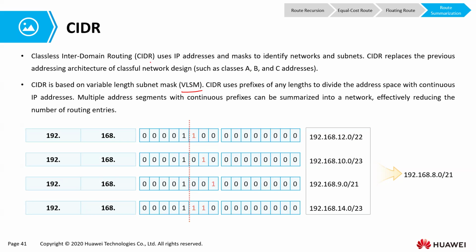That is what CIDR is. The one is to get no wastage. Inoshandisa variable length subnet mask. So it's just a method of assigning my networks, assigning my IP addresses using variable length subnet mask.